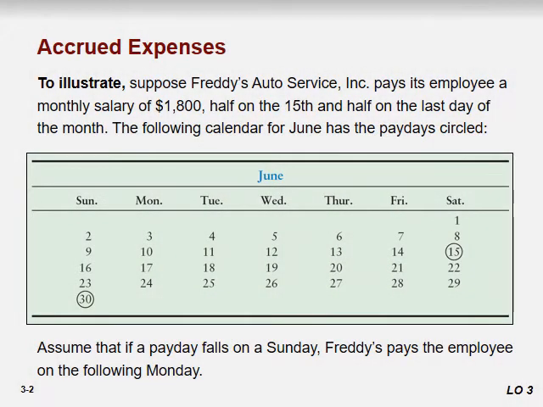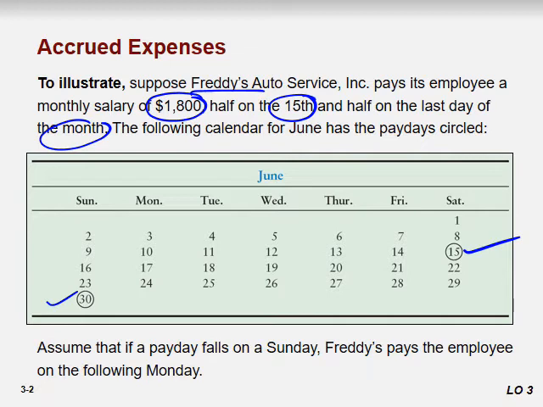So in case of salaries, most companies pay their employees at a set time. Suppose Friday's Auto Service Incorporation pays its employee a monthly salary of $1,800, half on the 15th and half on the last day of the month, right? Here and here, the following calendar for June has the paydays circled.